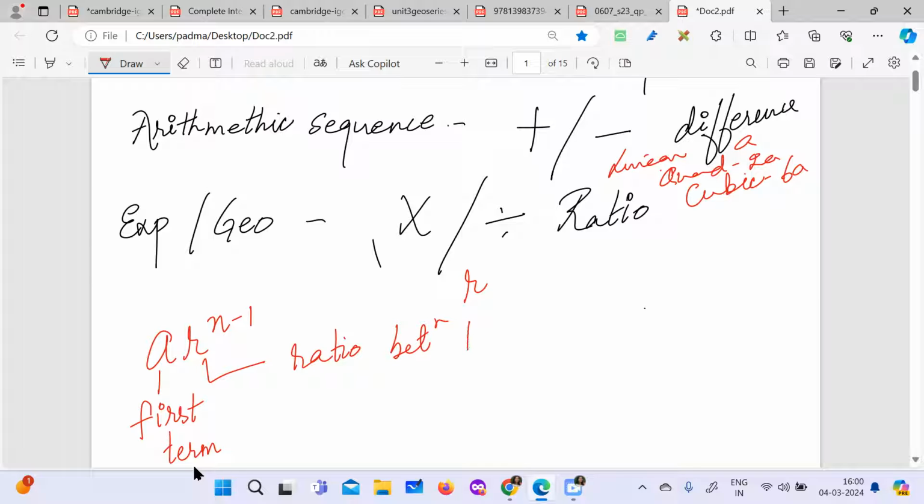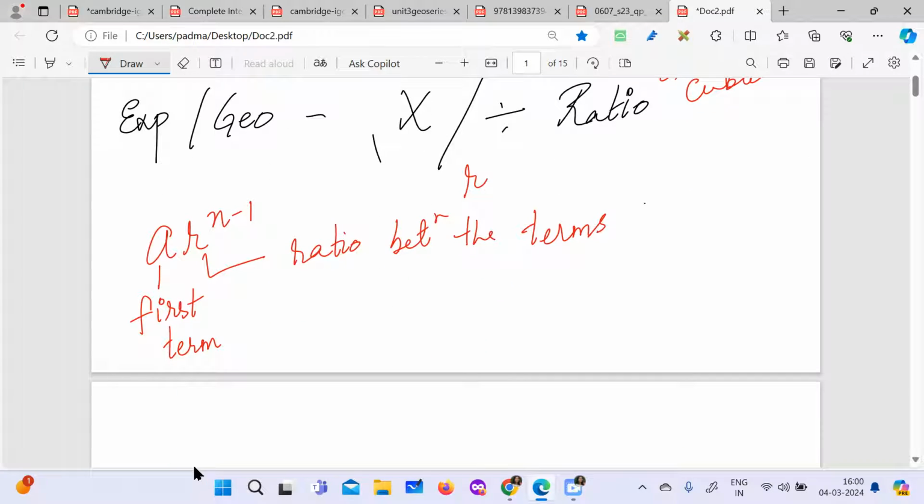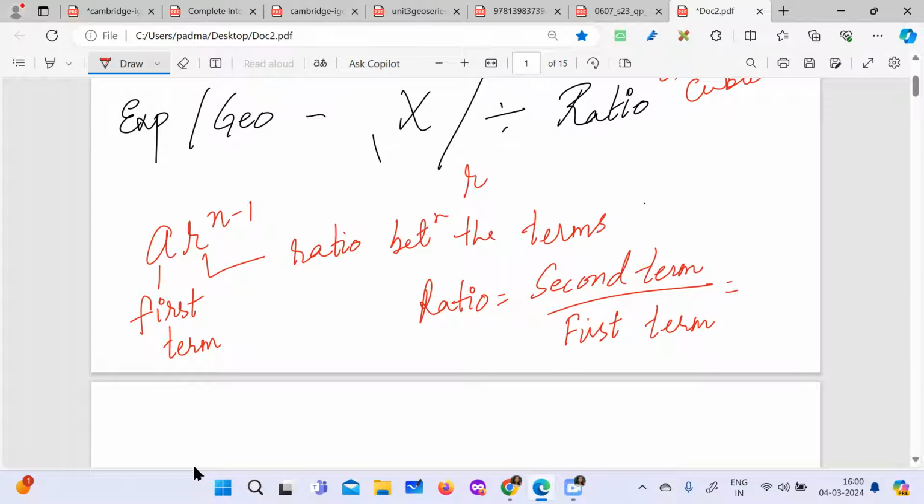We find the ratio by writing the second term upon the first term, or a2 upon a1.